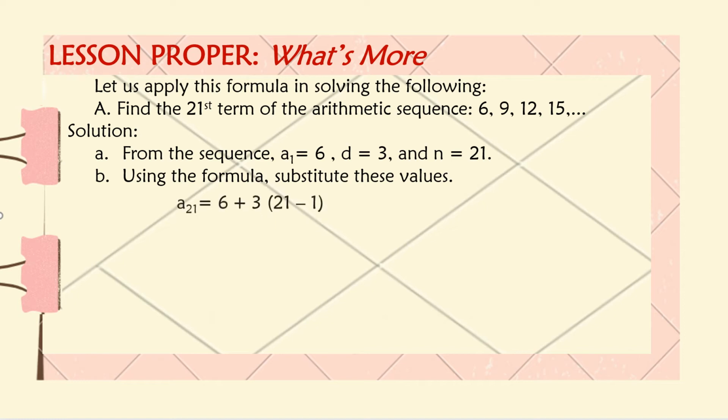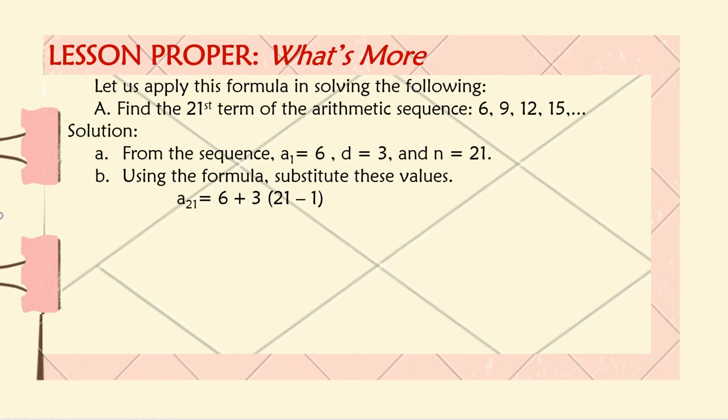So let us substitute. Ang gagawin lang natin ay isa-substitute dun sa formula natin, which is a sub n is equal to a sub 1 plus d, the common difference, times n minus 1. Constant yung n minus 1.